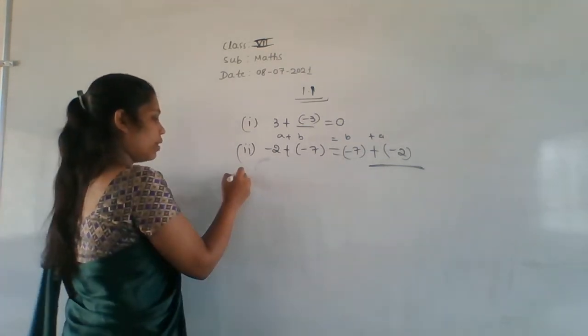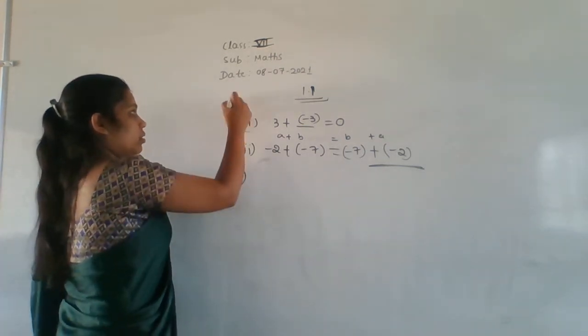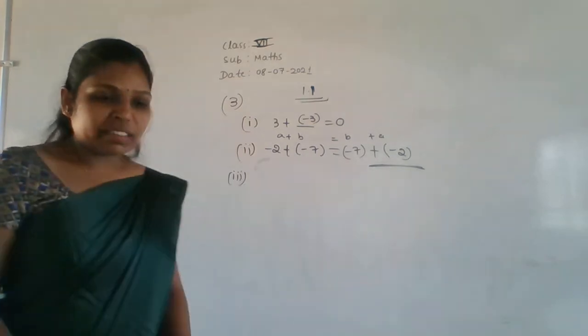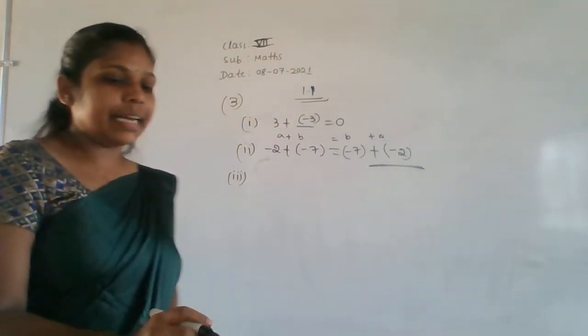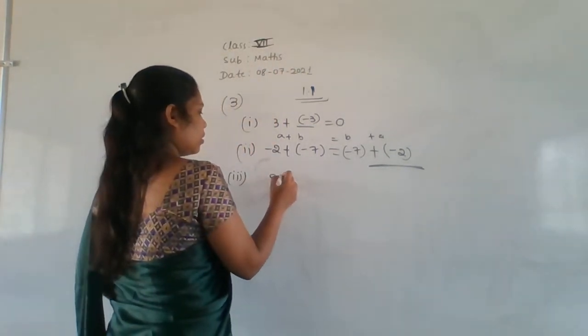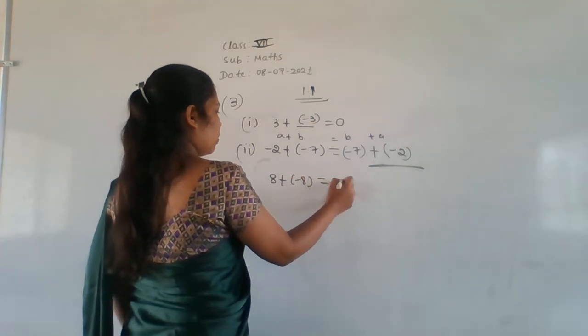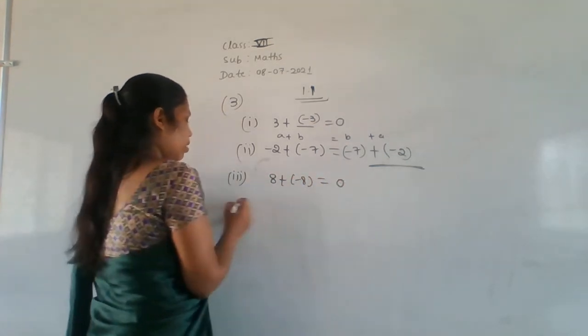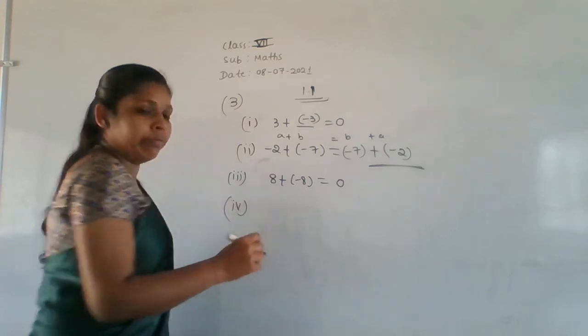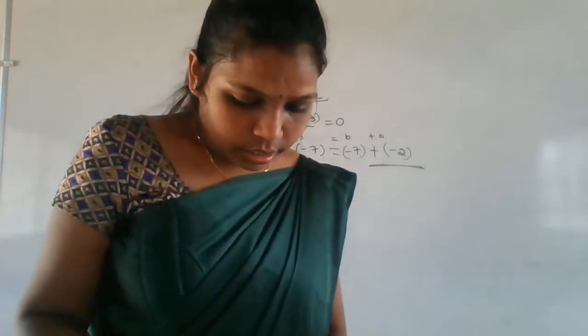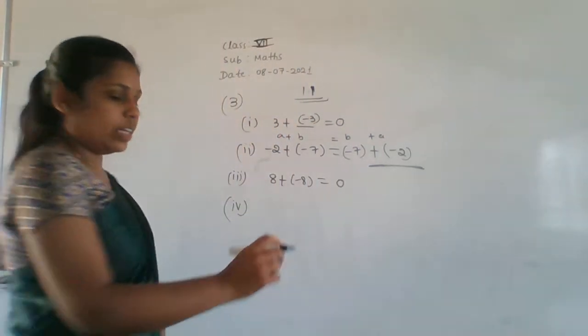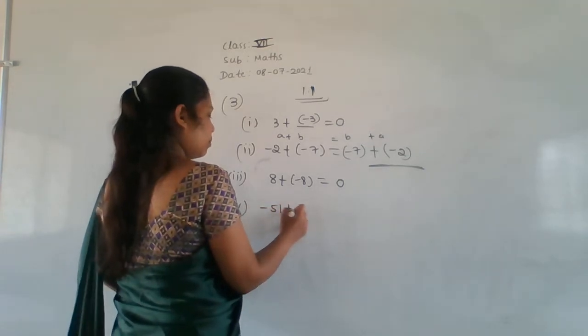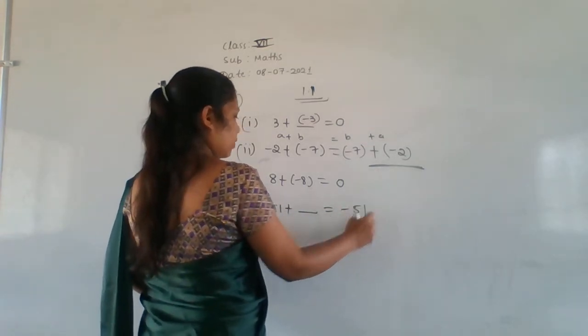Understanding? Next, the third one. This is the third main. And the third one is 8 plus minus 8. So what is the value here? 0. Next, the fourth one. Minus 51 plus dash, that is equal to minus 51.